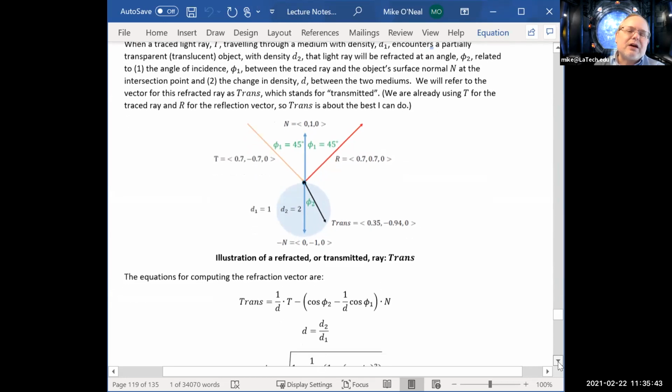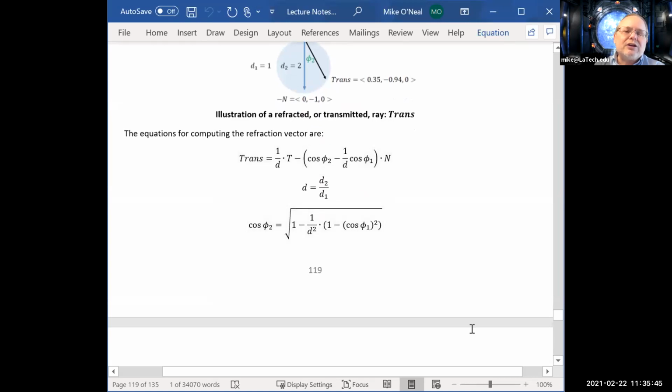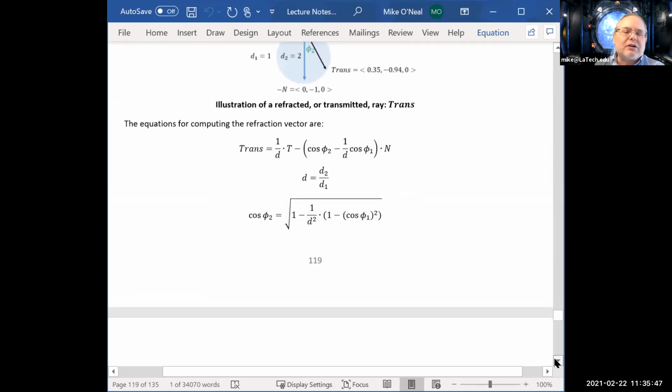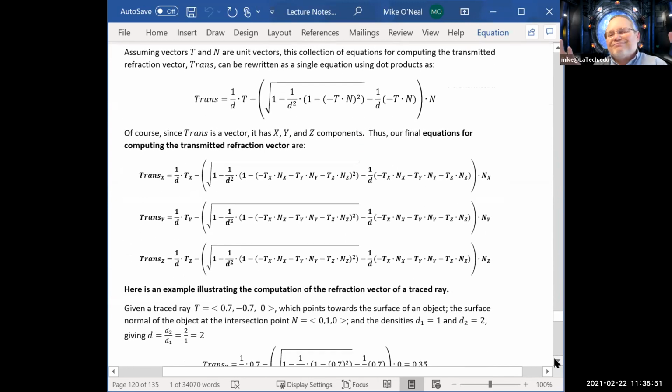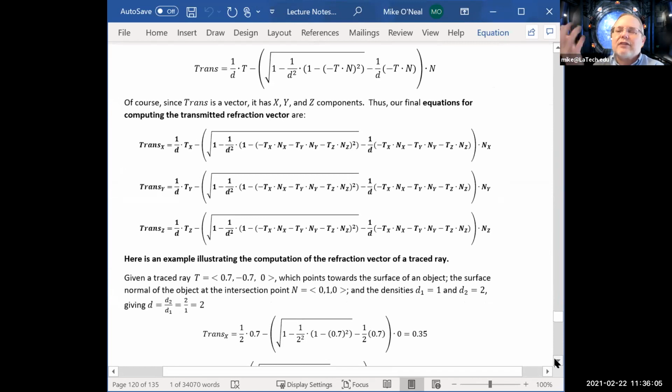How do you know they're the numbers, Mike? Well, here are the equations. I'm just presenting them to you. I'm not going to try to derive them. It's not that important because you're not going to use transmitted rays in your assignment unless you want to go and really impress me. You should, Eric. Go out and do the transmitted ray. All the math is here if you want to do that as a personal stretch goal.